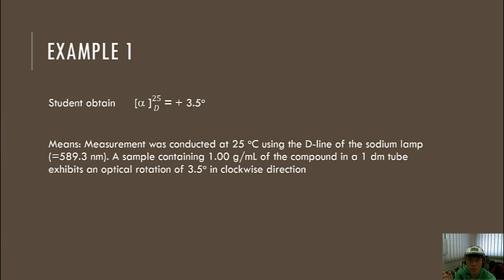It stands for the sodium D line, the light emitted by the sodium lamp, which has a wavelength of 589.3 nanometers, and a sample containing 1.00 gram per ml of the compound in a 1 dm tube exhibiting an optical rotation of 3.5 degrees in clockwise direction.